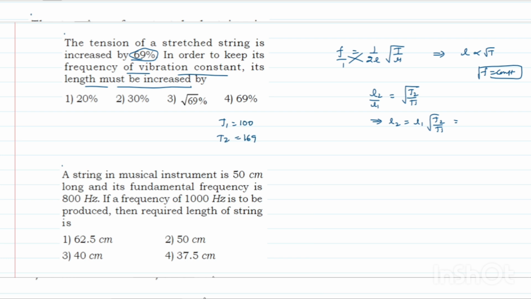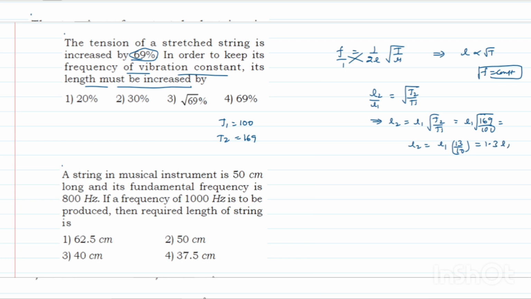So here you have to take L1 into 169 by 100 under the root, and it's nothing but L2, which will be equal to L1 into 13 by 10. It's nothing but 1.3 L1.